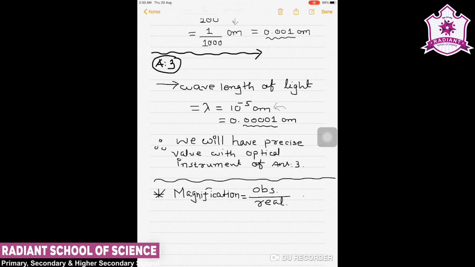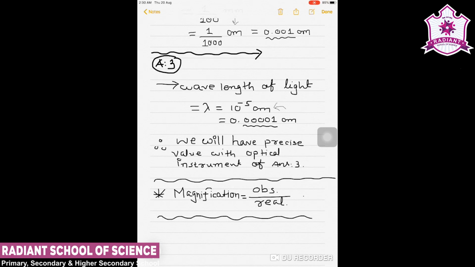So the ratio of observed upon real is called magnification, whether it is in length, width, thickness, whatever. But observed upon real is called magnification. There are multiple types of magnification. Out of that, first we see question number 7 of our textbook.